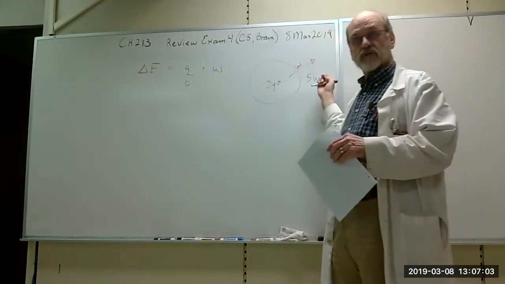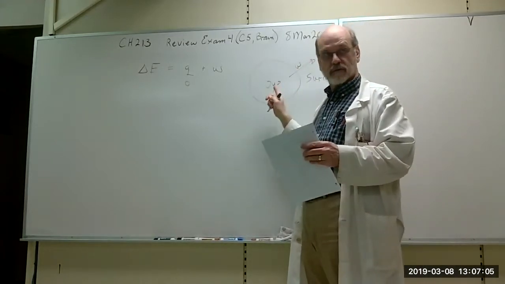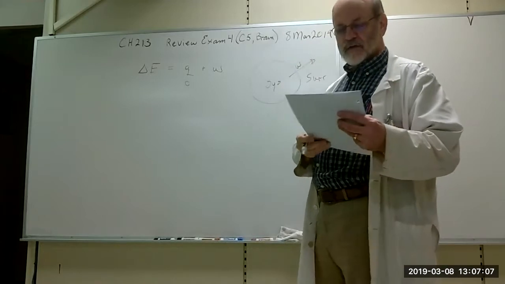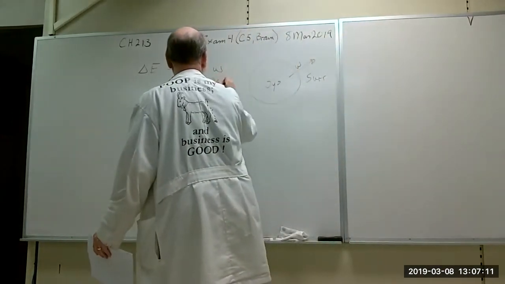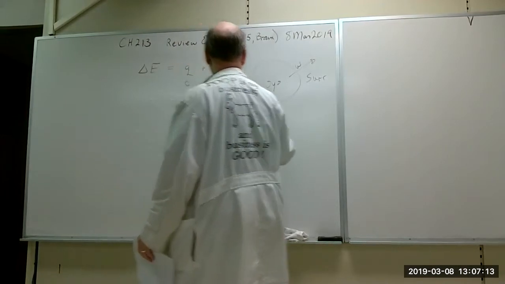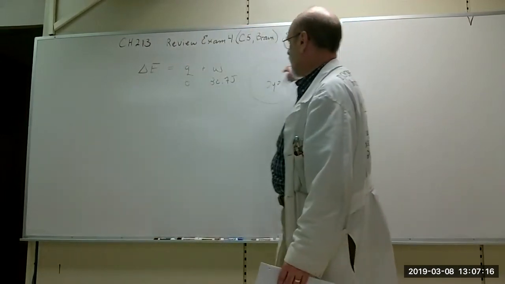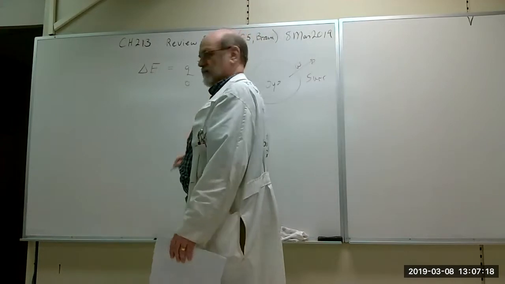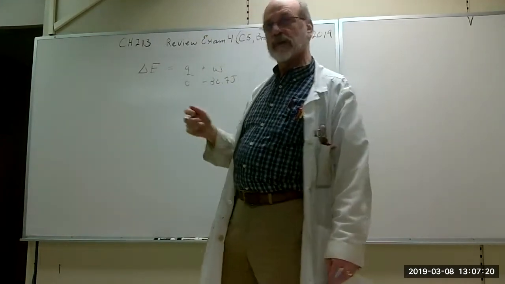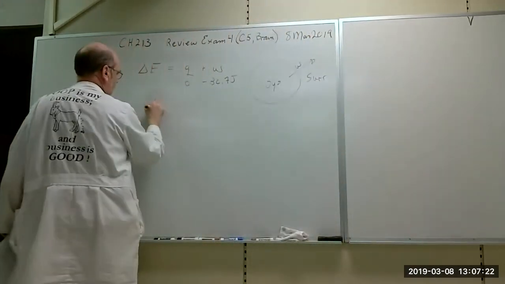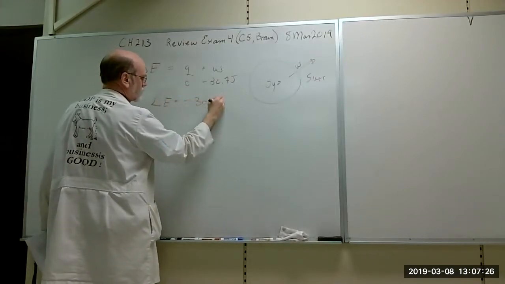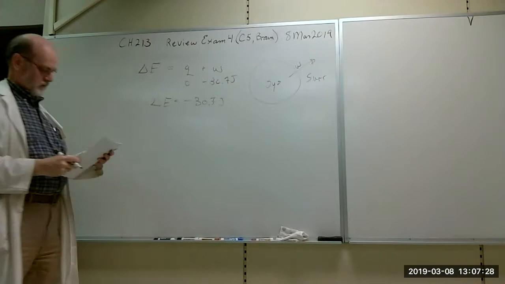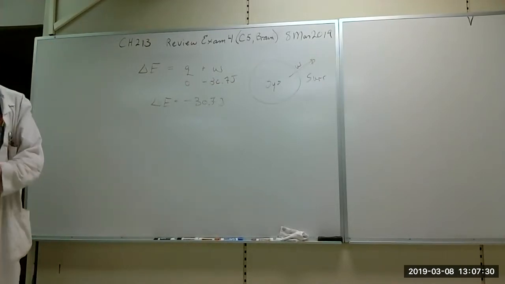It's doing work on the surroundings, so that means it's a negative value. The magnitude of the value is 30.7 joules. But since it's doing work on its surroundings, that value is negative. Okay? So the overall then would be negative 30.7 joules.